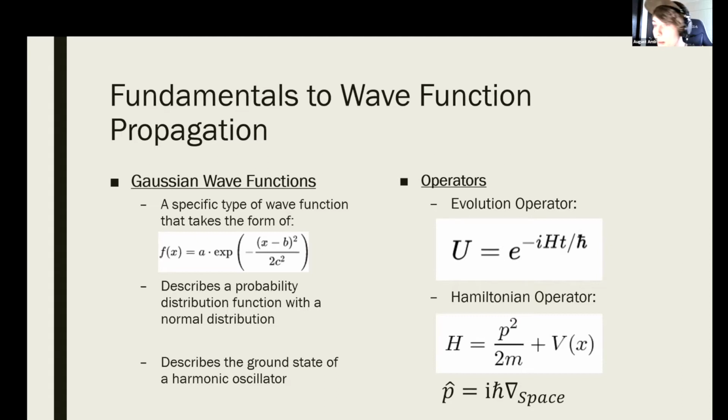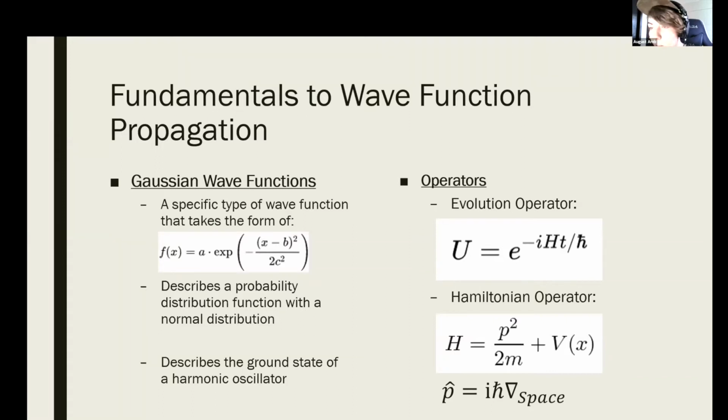This describes a probability distribution function with a normal distribution. What that basically means is that we're assuming that a certain variable, let's say x, or we could say the momentum, has some sort of normal distribution across all of space. And this is what the function takes the form of.